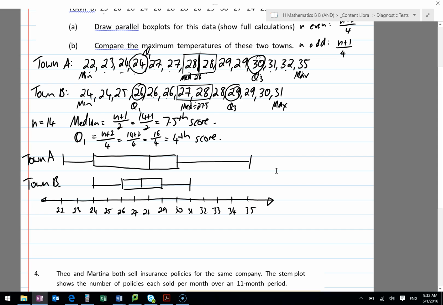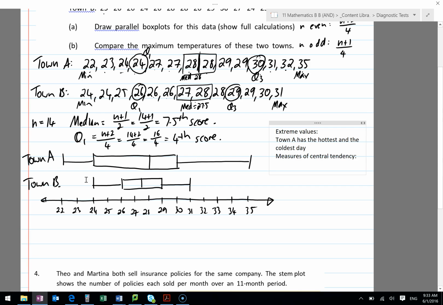Okay, from here, there's a whole heap of things we can say to compare the two towns. I can start by looking at the extreme values. I'd say that town A has the hottest and the coldest day, as we see that the maximum and the minimum are both in town A. I could talk about measures of central tendency.